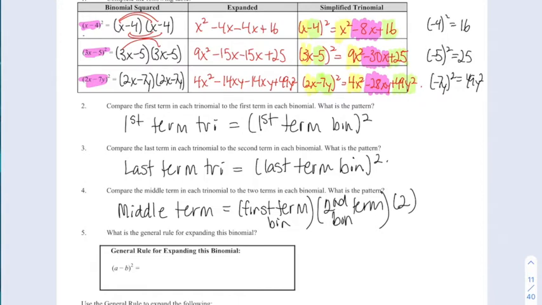In this case, these ones are negative though. So for that first example here, I know that my first term is x and my second term is negative 4. So x times negative 4 times 2 equals negative 8x, which is what I have here for my middle term.